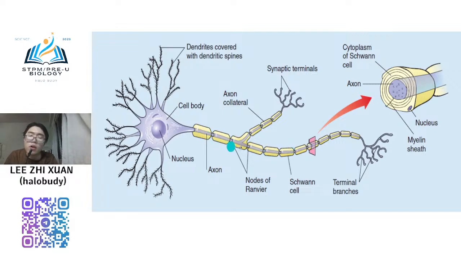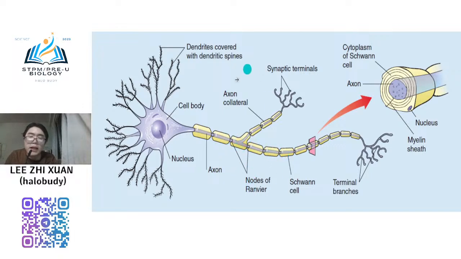This is a very important structure in terms of the transmission of electrical impulse. Later we will learn it. And then the gap between the STPM cells we know as the node of Ranvier. Node of Ranvier is the gap between the STPM cells.